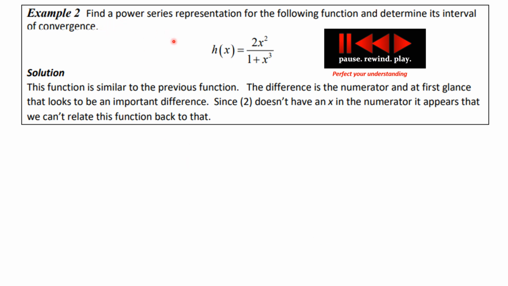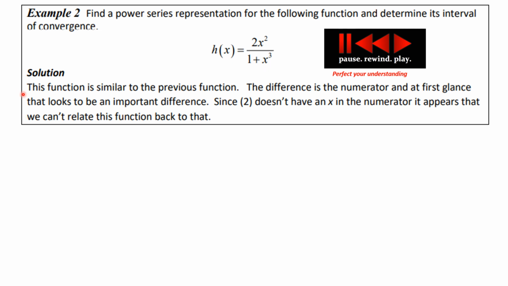Another problem: find a power series representation for the following function and determine the interval of convergence. And again, these are excellent practice problems both for now and looking forward to reviewing for the final. So h of x in this case is 2x squared over 1 plus x cubed.